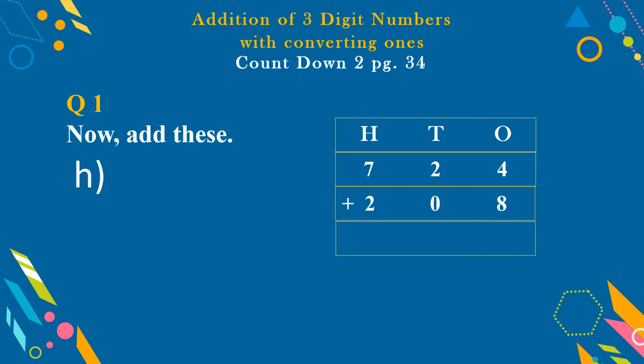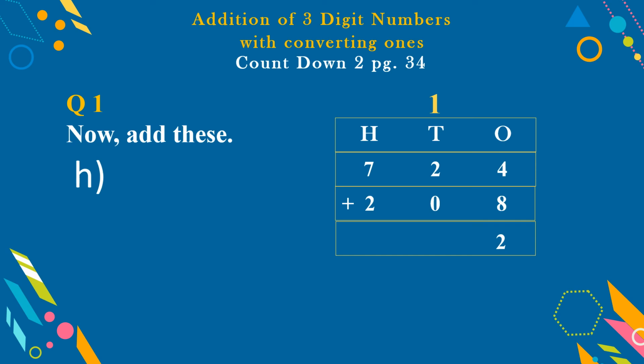Addition of three-digit numbers with converting ones, page 34. Question 1. Now add these, part H. Question is 724 plus 208. In ones column, we have 4 plus 8 equals 12. So write 2 in the ones place of the answer, 1 to the top of the tens column.